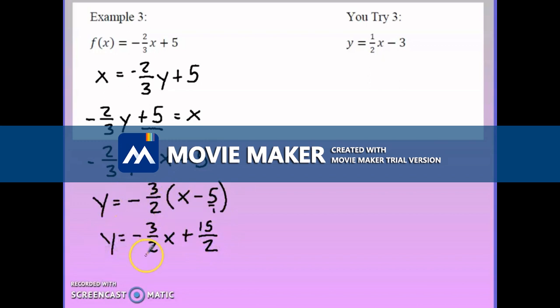So it might be written like that. And then you can change those to your inverse symbol. So either one of those might come out. I'd accept either answer, but when you're taking a multiple choice test, you have to take the answer they gave you. All right, so pause and do you try number 3, follow the steps.